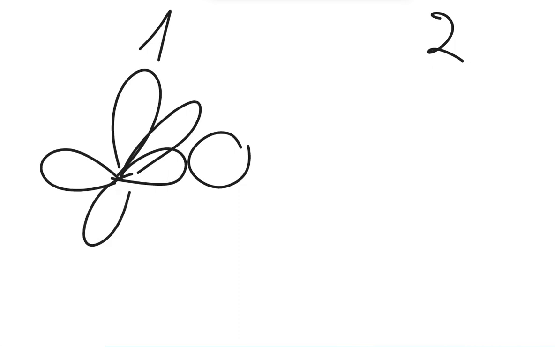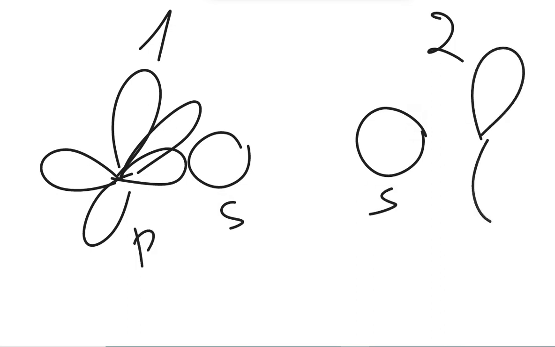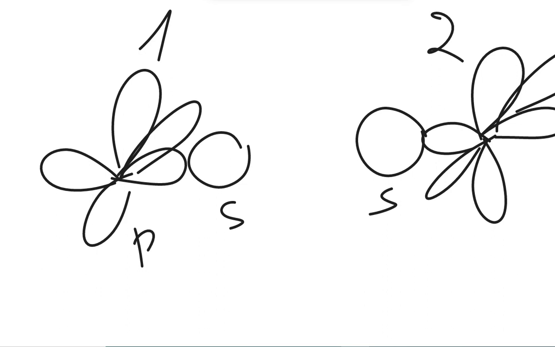Same for this. One s, this is the s, this is the p. S and three p orbitals. Now, as explained with the methane, the s and p hybridize together, but not all the p orbitals, only two of them.